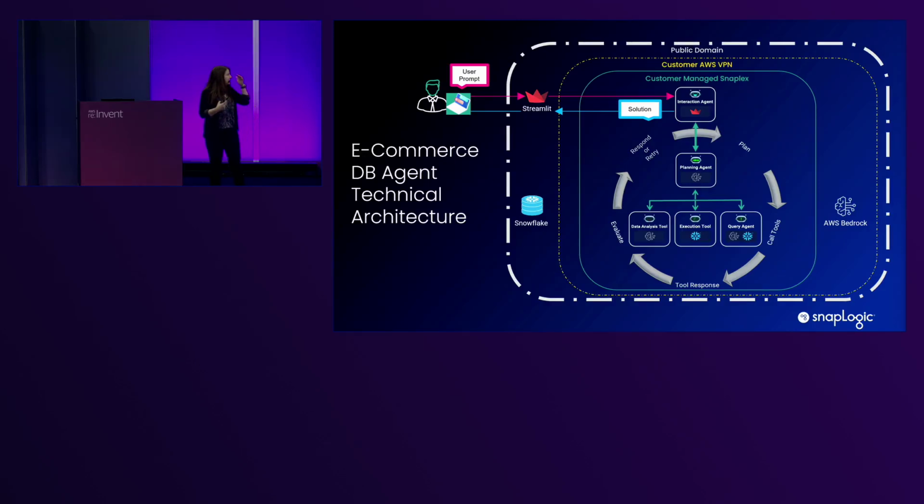Now, the way this looks from an architectural perspective is you can see again, we've got my Streamlit interface coming in, my interaction assistant, and my interaction assistant now sends my prompt to my planning agent. Now what you can see here is my planning agent is running in a loop. That's how it was able to continue to use the tools available until it was able to get the answer that I needed.